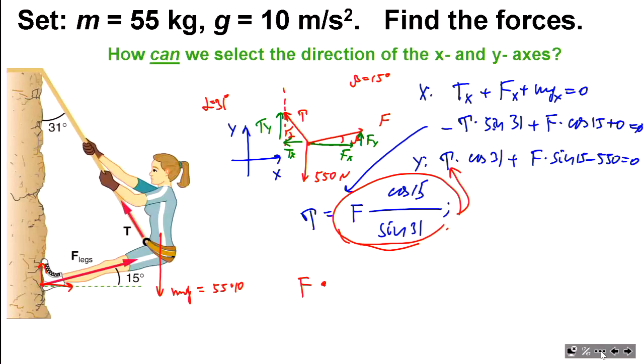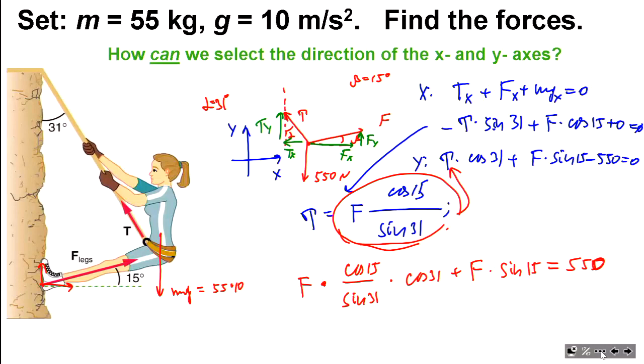So I'm replacing the whole thing: F cosine 15 over sine 31. I keep cosine 31 because it was there initially, plus F times sine 15. And that all has to be equal to 550, because I just move it over there.